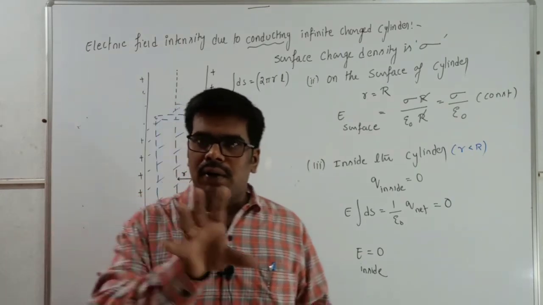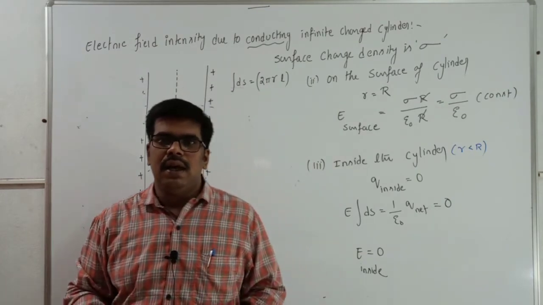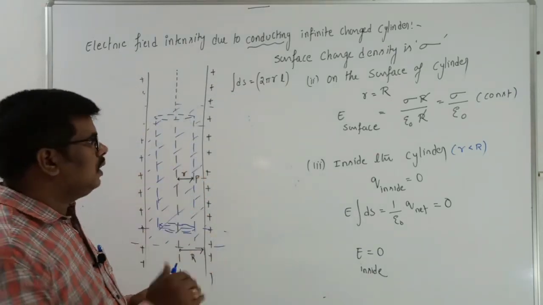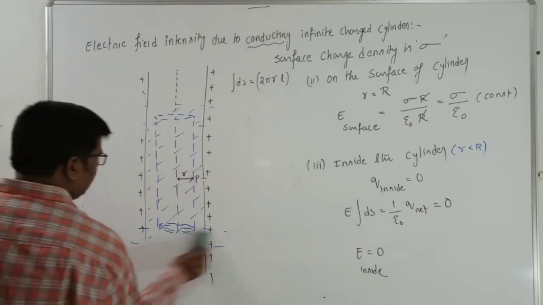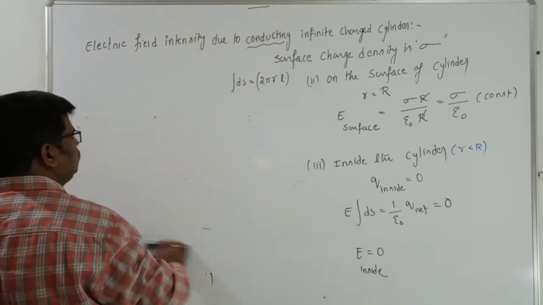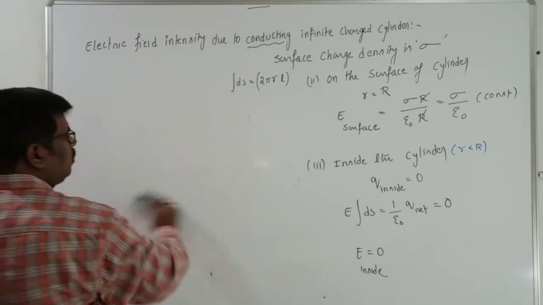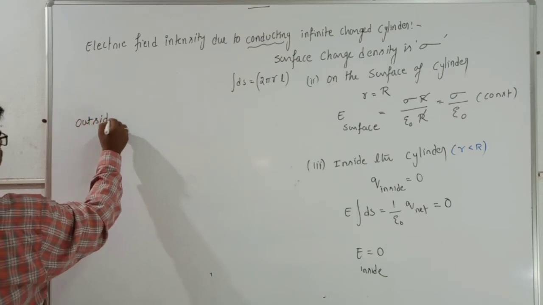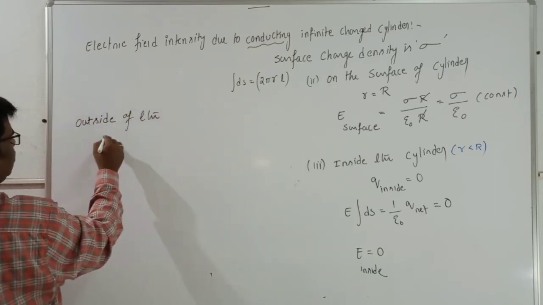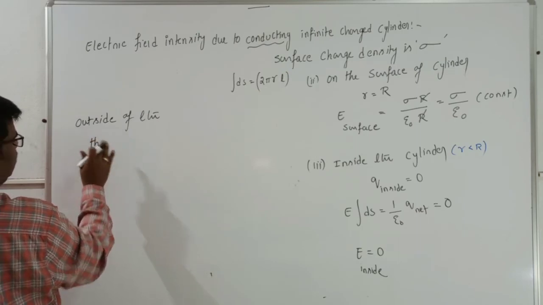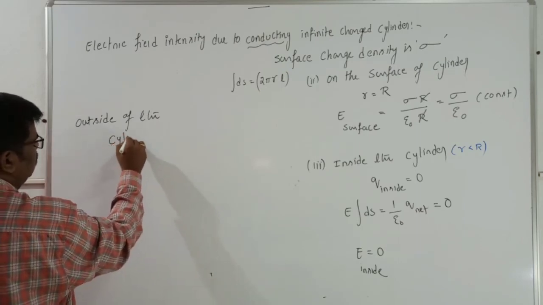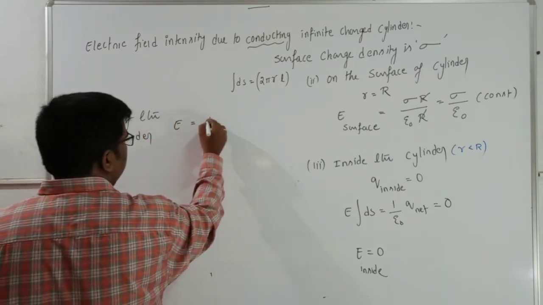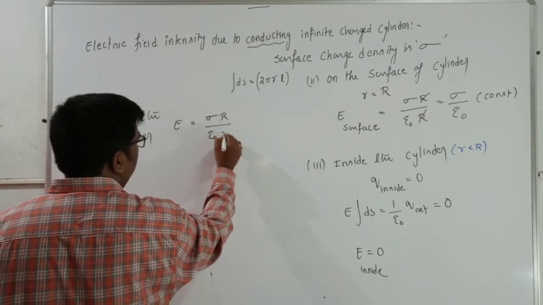So graphically we have to represent this electric field intensity with respect to distance from the axis of the cylinder. Let us see that. First, outside of the cylinder, the electric field intensity is sigma capital R by epsilon naught small r.